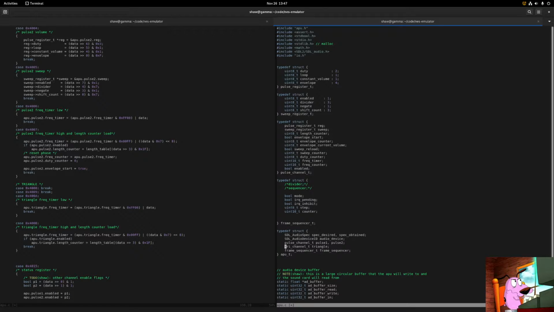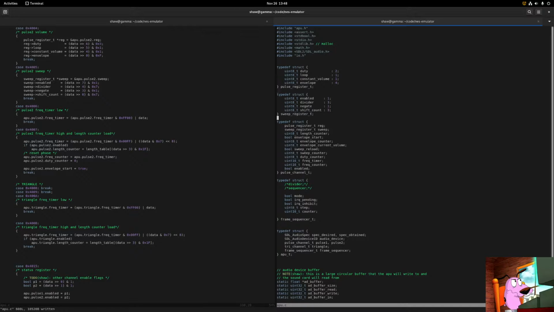Yeah, so in this code base I'm using this whole type T thing, which I don't hate, but I've kind of changed styles now. I'm trying to stay consistent in this project with the old style, but nowadays I would just call this frame sequencer, like that.